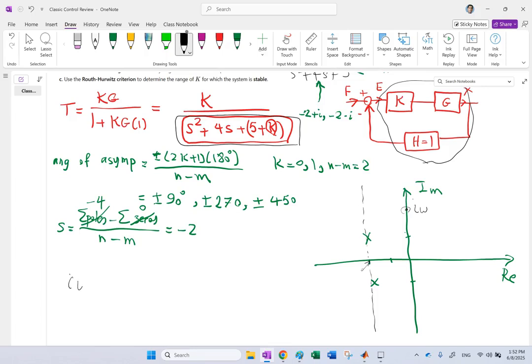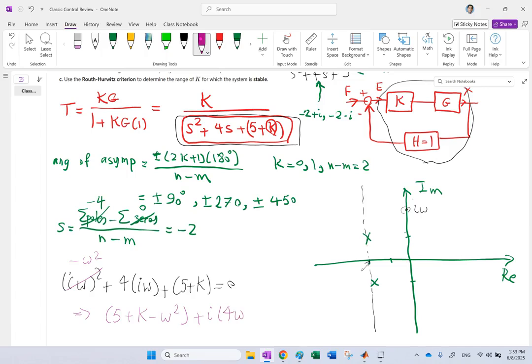So we get (I omega) squared plus 4 times I omega plus 5 plus k equals 0. Now (I omega) squared is negative omega squared. So if you rearrange it, it is going to be (5 plus k minus omega squared) plus I times 4 omega, and this equals 0.